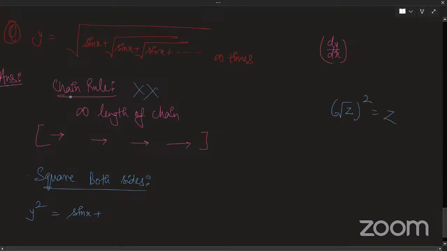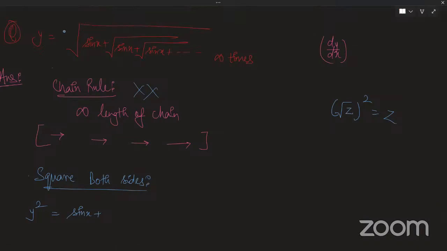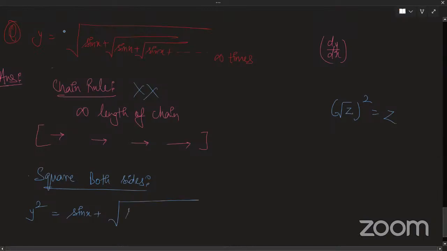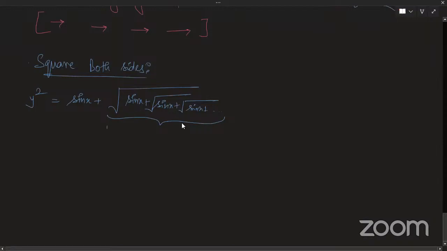So you'll get sin x plus square root sin x plus square root sin x plus square root sin x and so on. How many times will this thing come? Sir, infinity times. Yeah, infinite times, correct.